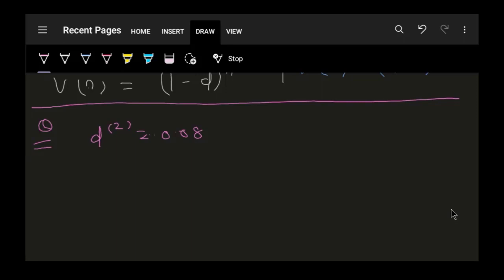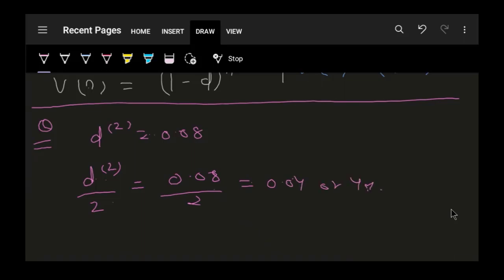To do that, first I'll calculate the effective 6-month discount rate, which will be D2 upon 2, that is 0.08 upon 2, that is 0.04 or 4%.